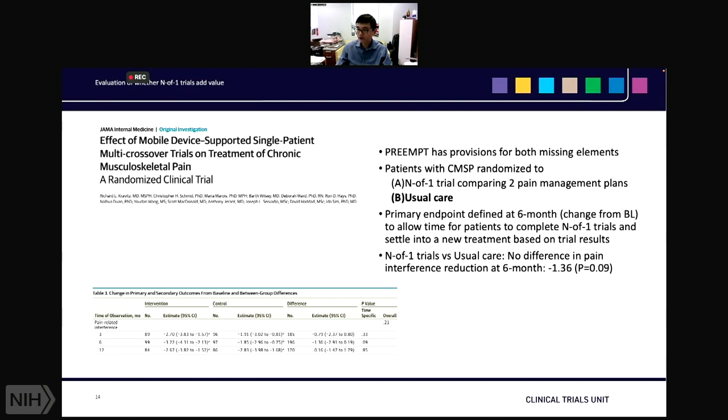So the change is -3.22 compared to control of -1.85. The difference is not significant, as indicated by the confidence interval, but the p-value is 0.09. So that's some marginal indication. But again, based on this result, the N-of-1 trial in this context does not seem to add value to usual care.